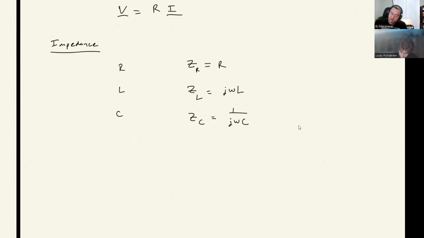Impedances act a lot like resistances. They are additive in series.